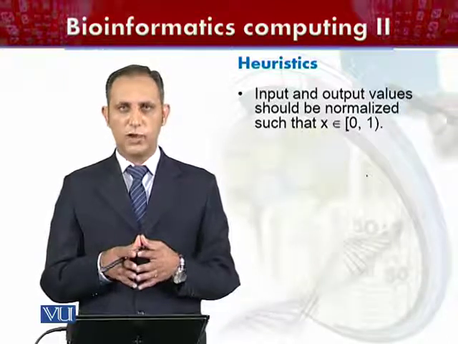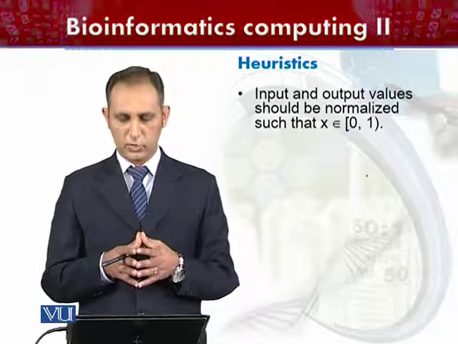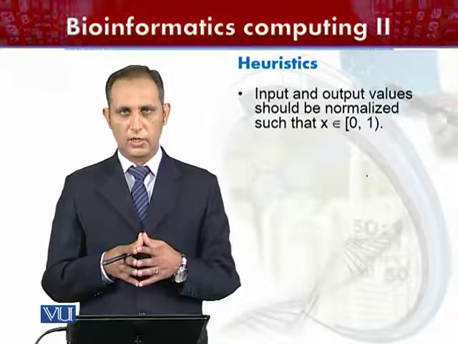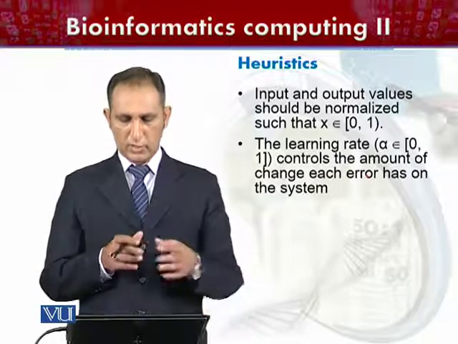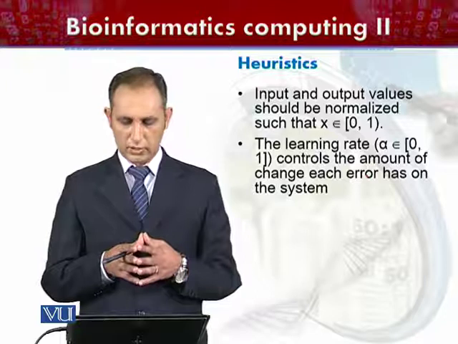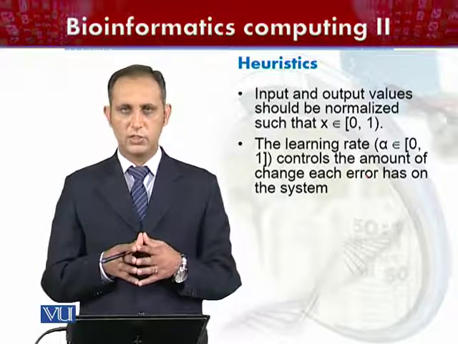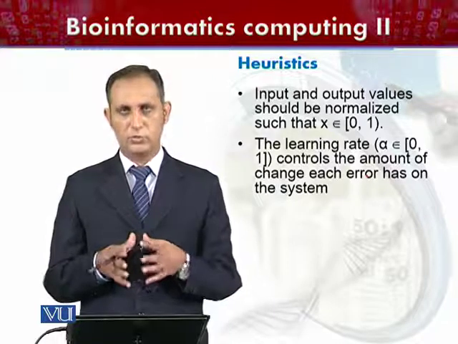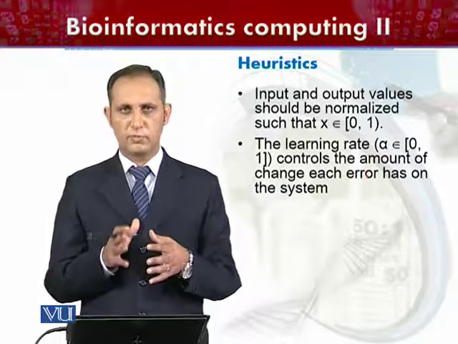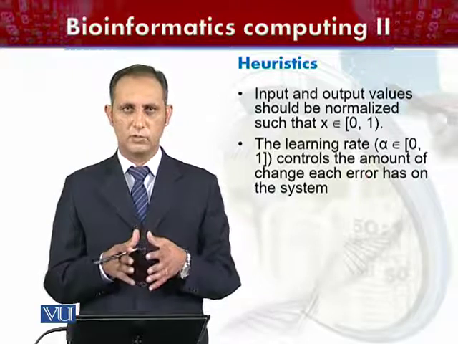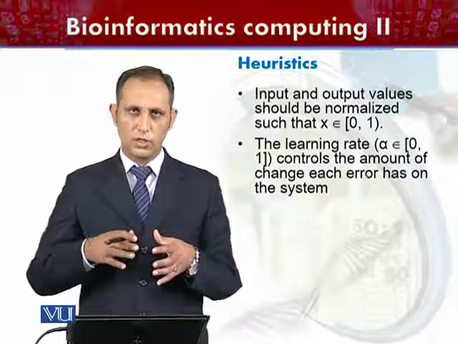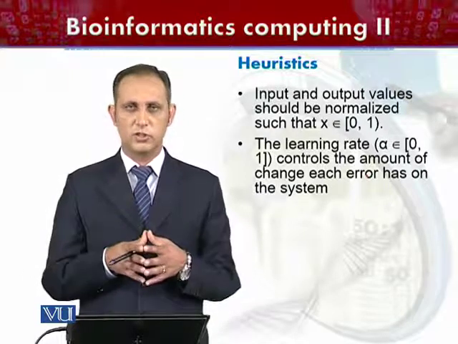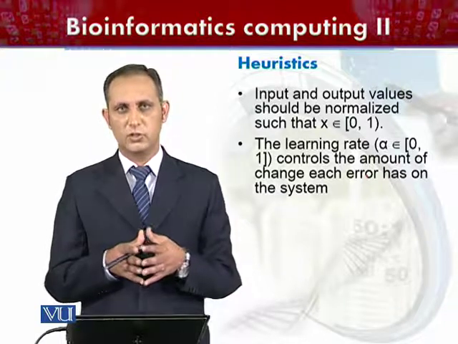Input and output values should be normalized such that the learning rate controls the amount of change each error has on the system. So the input and output values should be normalized before going into the next iteration of the system update process.